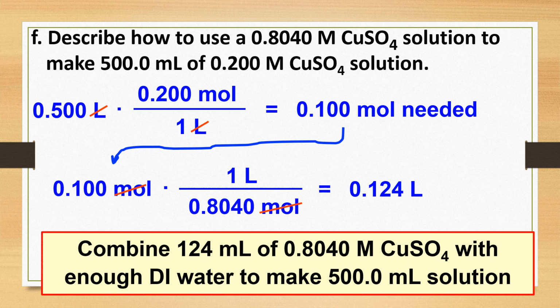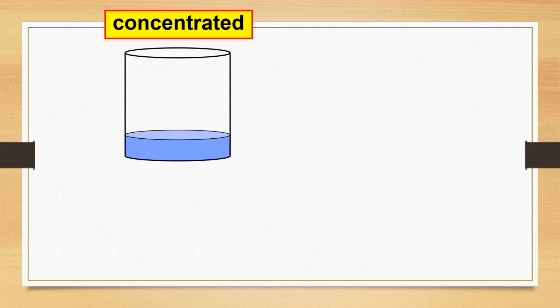Okay. But there is an easier way to do it. It only works for dilution, and let's take a look. Here is a quicker and much simpler way to calculate a dilution concentration from a concentrated solution.